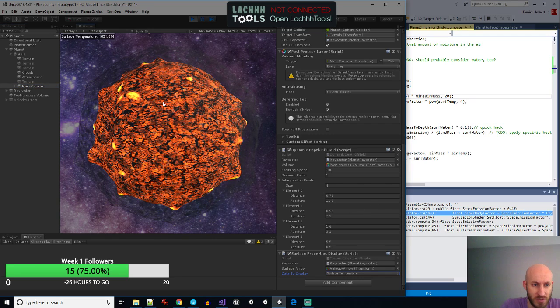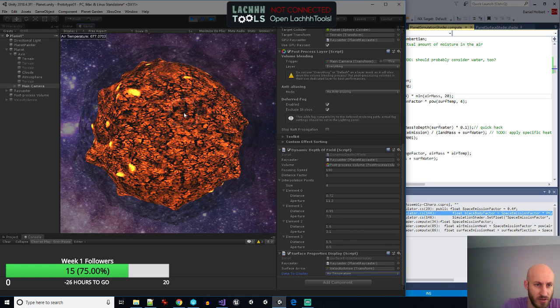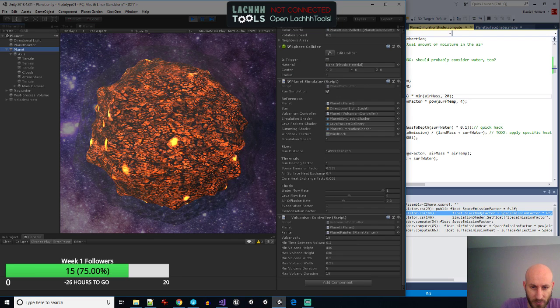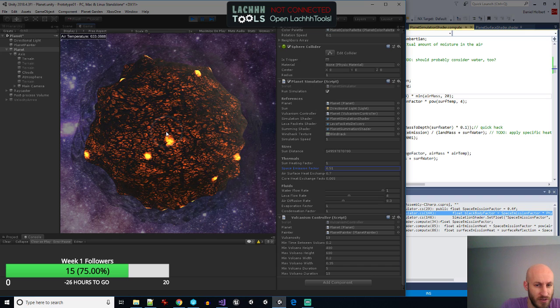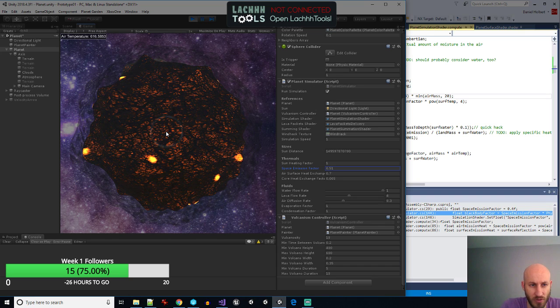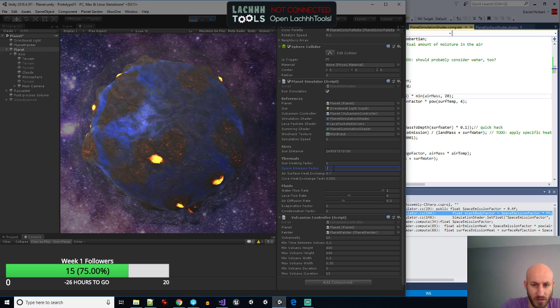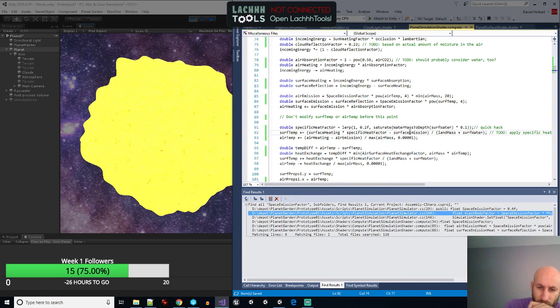So there's my surface temperature, and I'm also curious about the air temperature. I go back here and I try to raise this up. It should theoretically get cooler. Until when it hits a certain spot it just goes nuts.